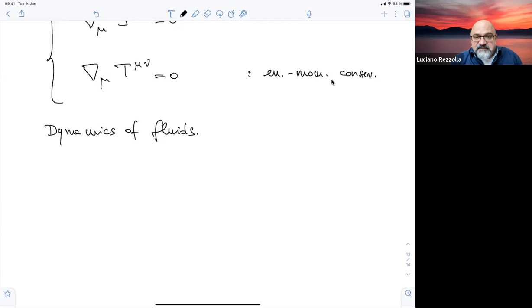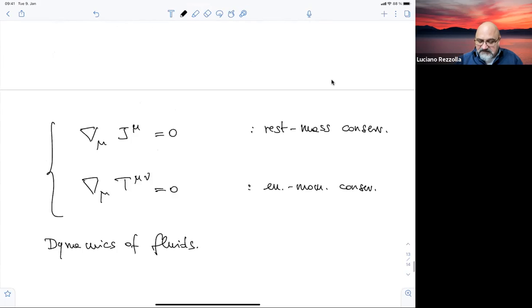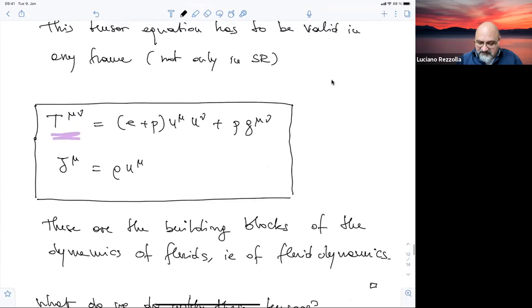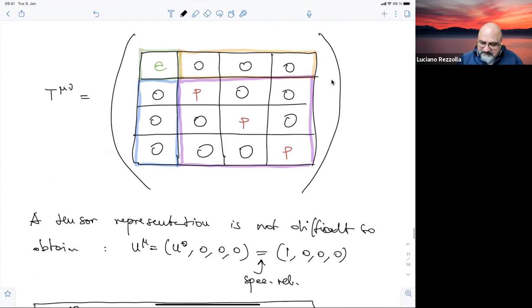I haven't made any assumption on G in defining my T mu nu. As I explained to you, what I've done is I have gone into a fluid frame, and I've tried to define quantities that are physically easy or physically well defined, which are the energy and the momentum flux.